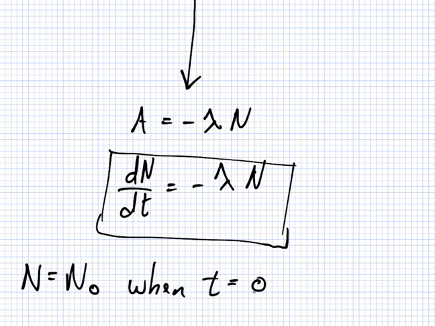You need to take this down here. dN over N equals minus lambda dt, and then you integrate. You fixed it? Yes, and in fact you can find this here using the information I gave you. N is N0 when t is 0.